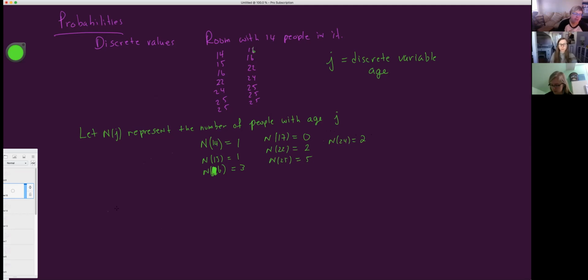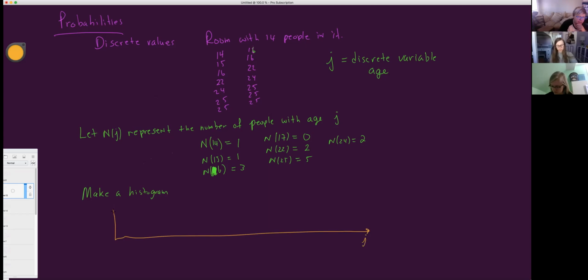Okay. Well, let's represent this with something called a histogram. We'll get orange color again for our axes. So here's our axes. This axis is j.